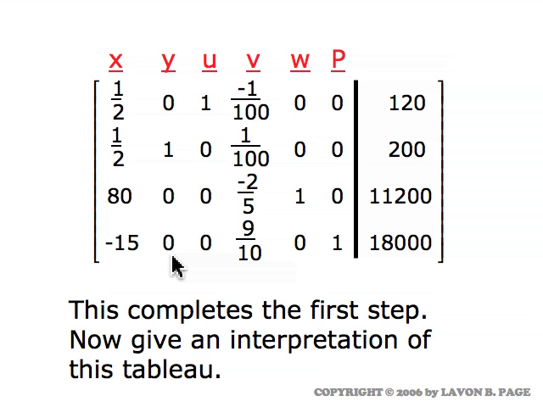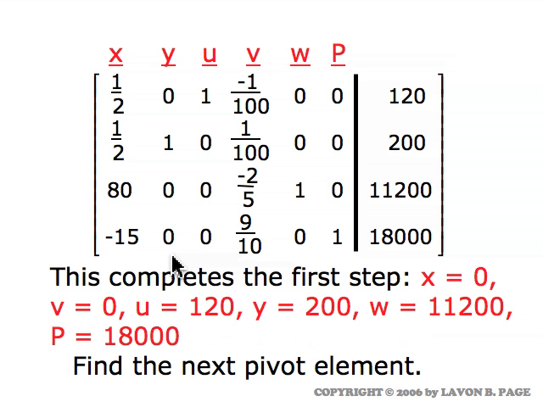Let's give an interpretation for the tableau in terms of which corner point of the solution region this tableau represents. Notice that it's the X column and the V column that are not in the basic form with a 1 and the remaining numbers 0.